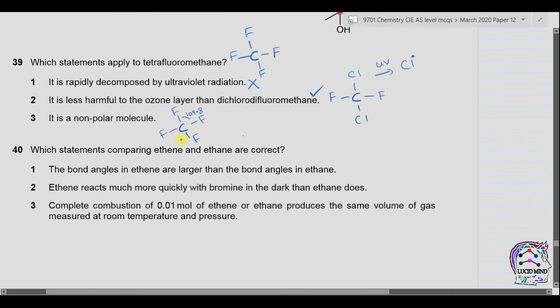Now all 4 fluorine are electronegative and the dipole moment of this molecule is going to be 0 because it is attracted from all 4 sides equally. So dipole moment is 0, so therefore this molecule is non-polar. So it is correct. So we have option number 2 and option number 3. It means the answer is C.